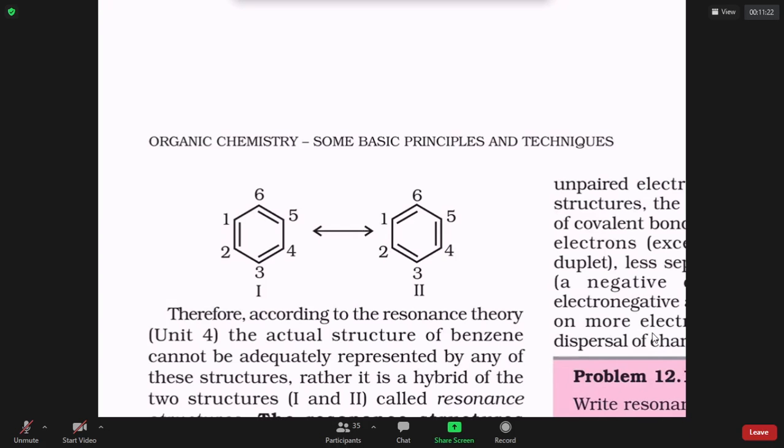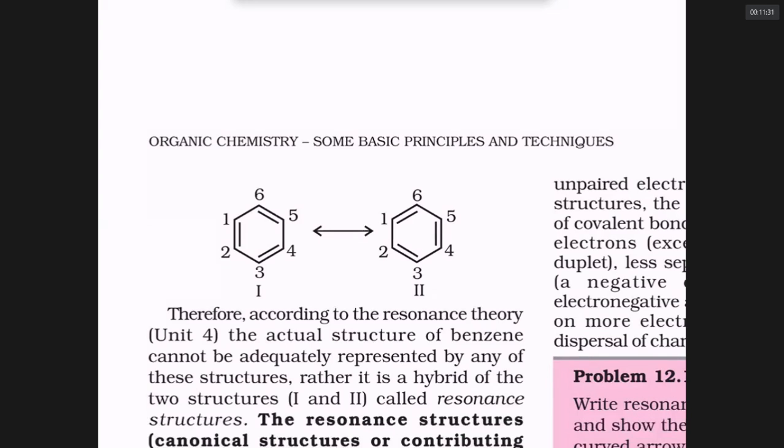Notice double bonds are not confined to carbons 1 and 2. They are shifting their position. The shifting of position of double bonds is called resonance or delocalization. The delocalization is possible only when the system is in conjugation.